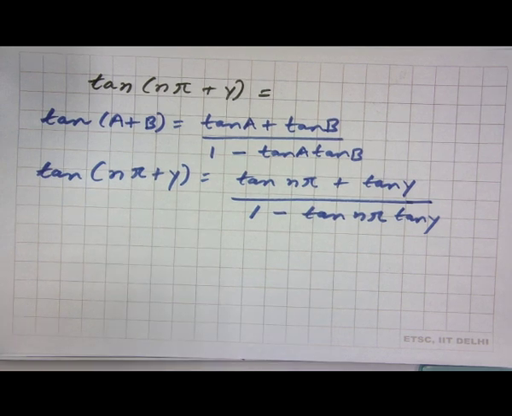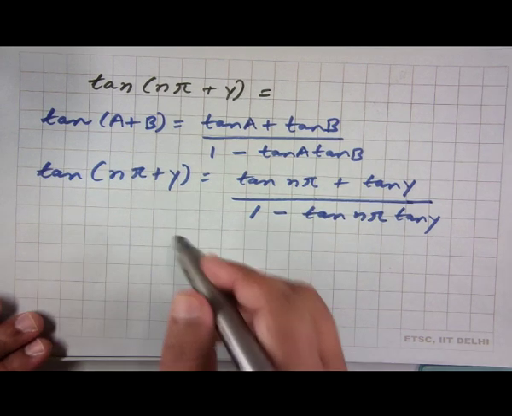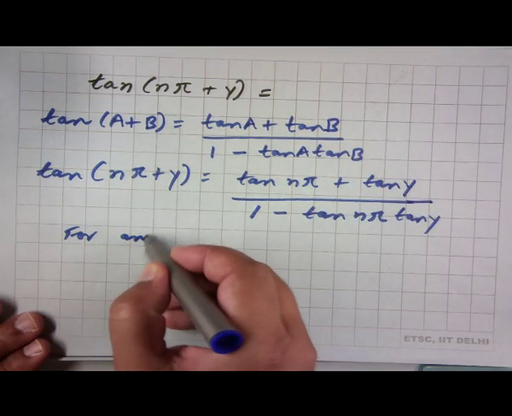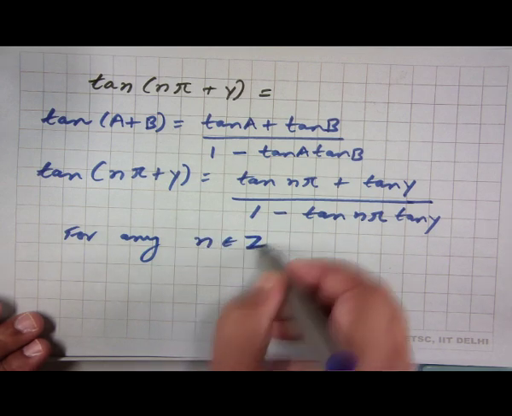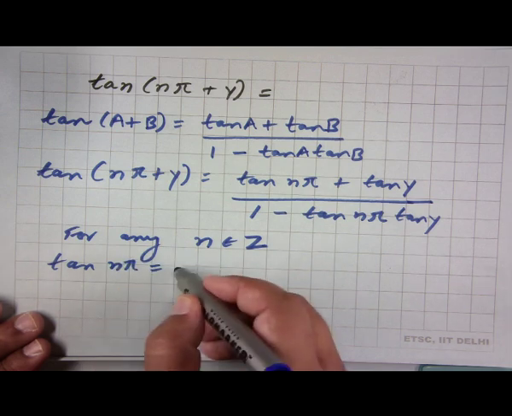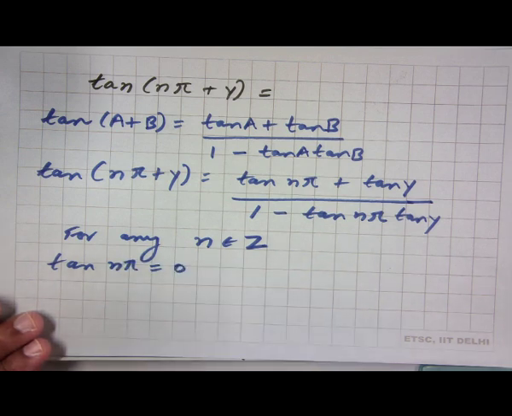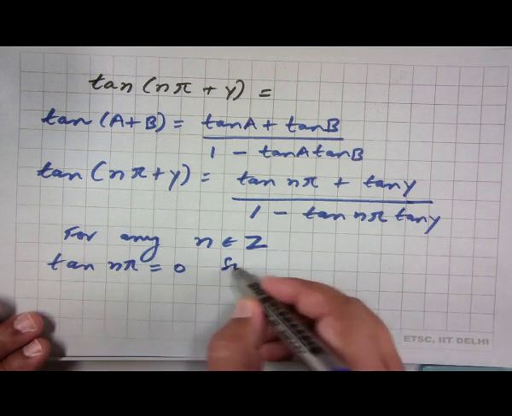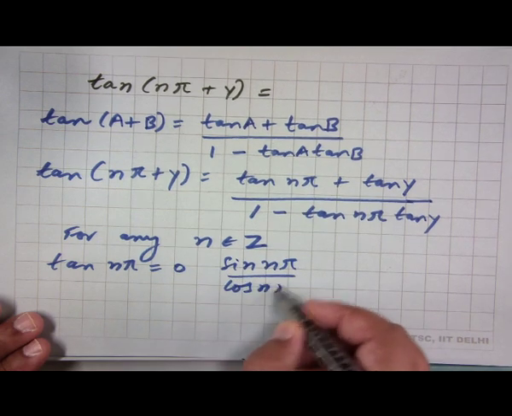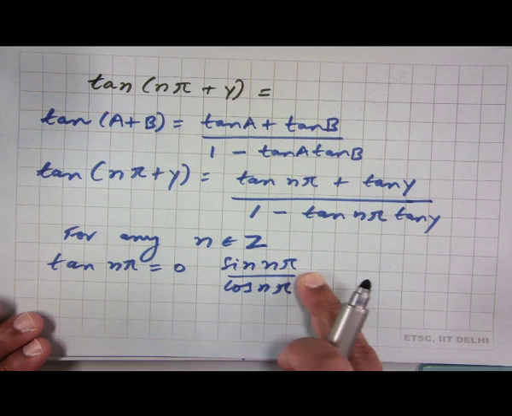So, for any integer n, we know that tan of n pi is equal to 0, because tan of n pi is sin of n pi over cos of n pi, and sin of n pi is 0 for all integer n.